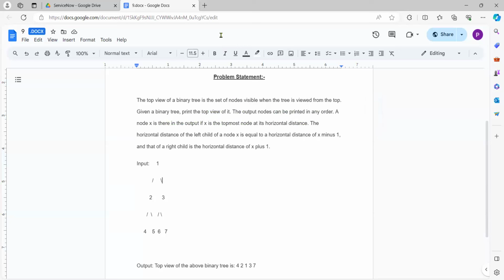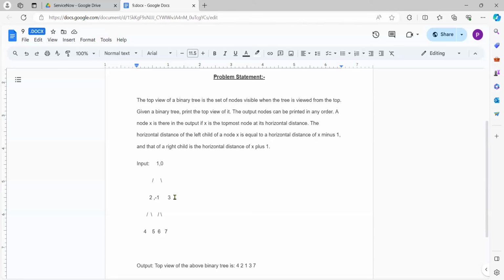So there is some concept of distance here. You'll assume your root node is at distance 0 horizontally. If you are going left, you're going one unit horizontally left. So from 0, if you go 1 unit left, you'll go to -1.